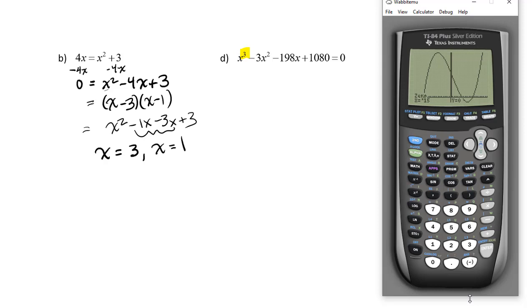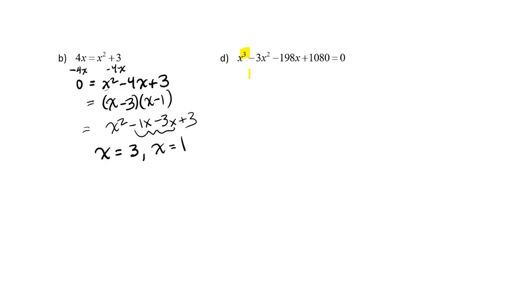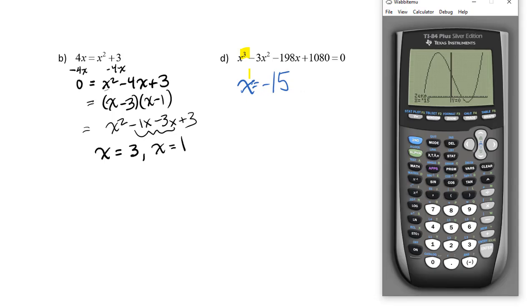So you can see that one of my solutions is -15, 0. Now let's try the next 0.